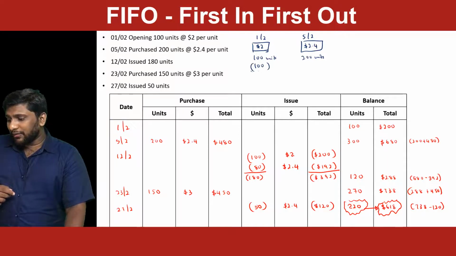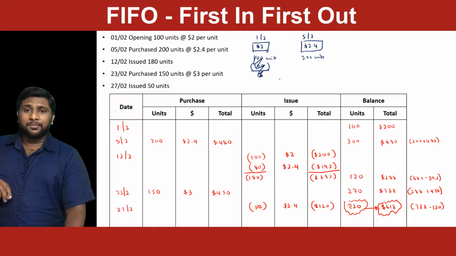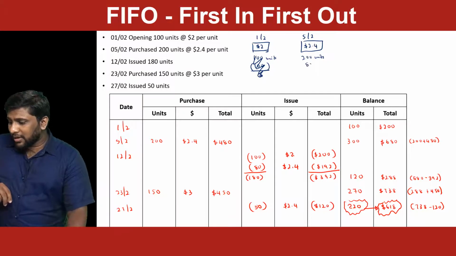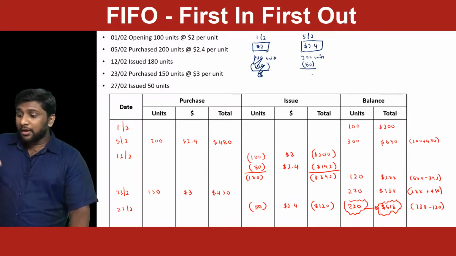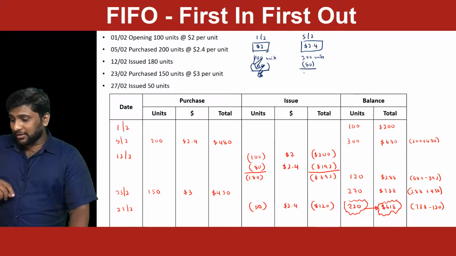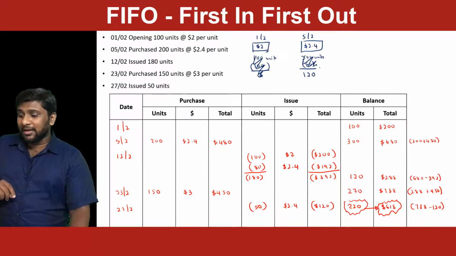You are issuing first 100 from this $2 worth materials. So that basket will become empty. The remaining 80 units will be issued from what? Remaining 80 units will be issued from $2.4 worth material. So in that basket, how many units will be there? 120 units will be there after making that issuance.